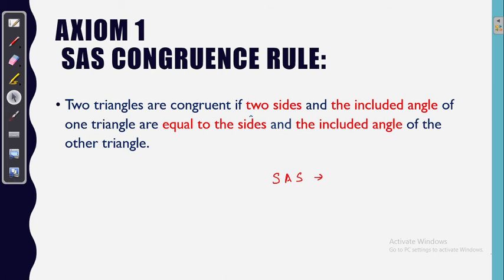So this rule states that two triangles will be congruent if two sides and the included angle of one triangle are equal to the sides and the included angle of the other triangle. You were trying, yeah, it was correct.